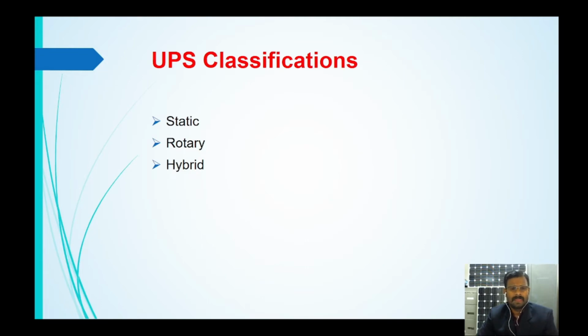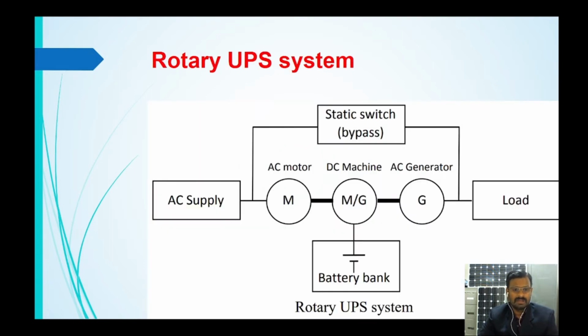So now the UPS is classified into three basic categories: static UPS, rotary UPS, hybrid UPS. In the rotary UPS, we have all mechanical parts or electromechanical devices.